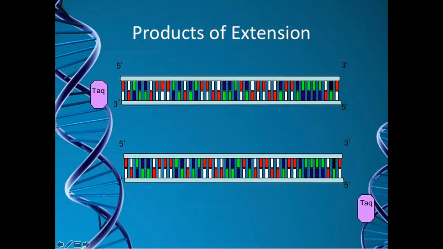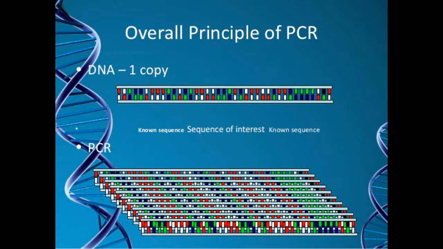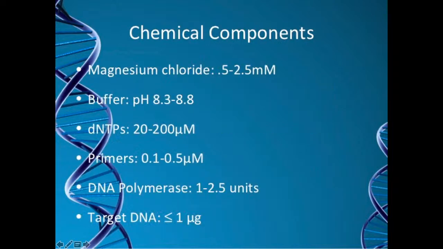These are the products of extension. In the first cycle you will have the same sequence that you're looking for from the template, and if you keep repeating this cycle for 35 cycles, then you will have millions of copies of the same sample. The chemical components that you require are magnesium chloride, buffer, dNTPs, primers, DNA polymerase, and target DNA.